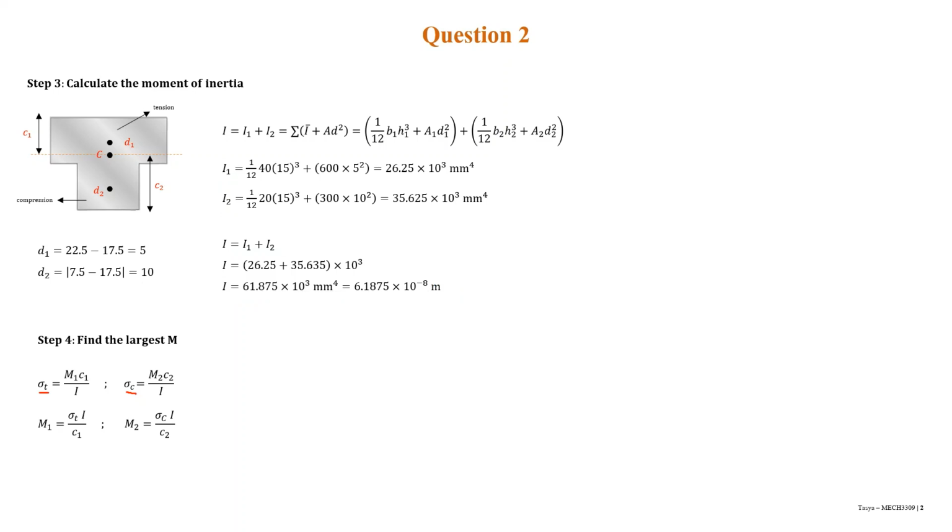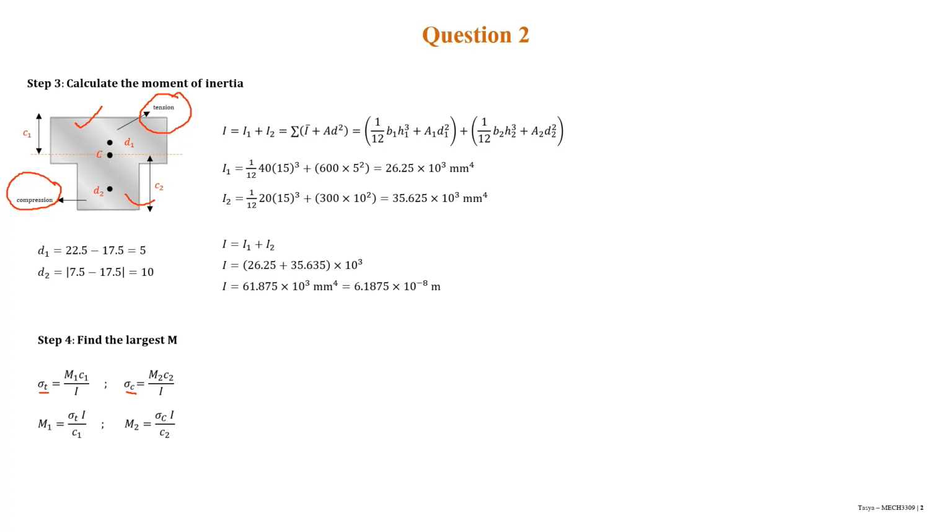Okay, so in the question it is known that the moment or the couple is going downward and makes the upper part of the beam experience tension, while the lower part is experiencing compression. So for the formula, sigma t is equal to M1 c1 over I, while for the sigma compression it is M2 c2 over I.